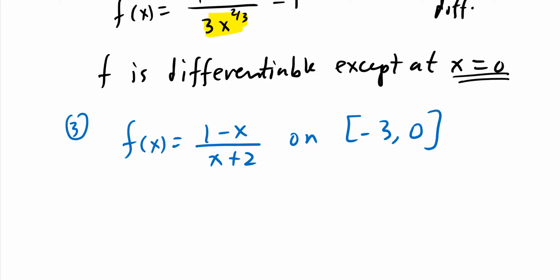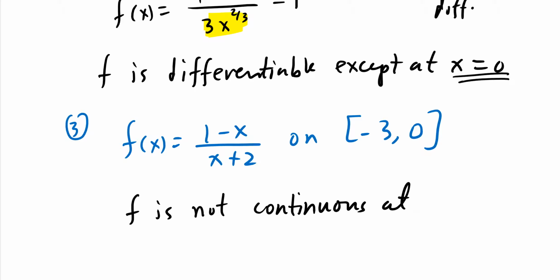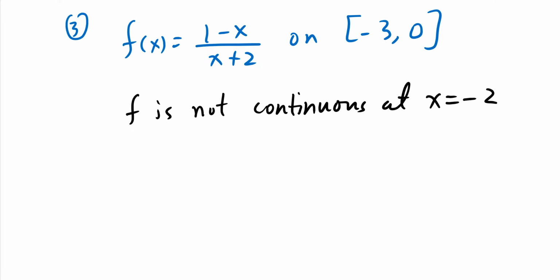So at -2, there's a vertical asymptote. So this tells me f is not continuous at x equals -2, which is in the interval -3 to 0. So the continuity condition fails, and that's why Rolle's theorem cannot be applied to this function.